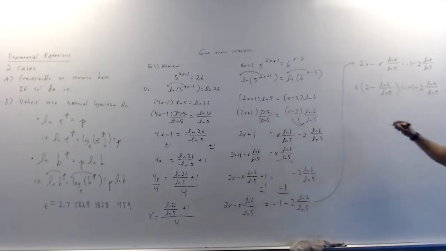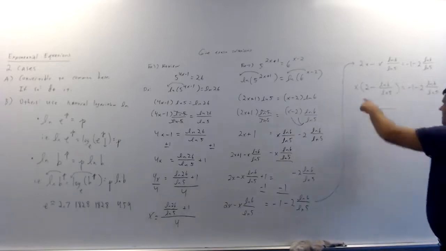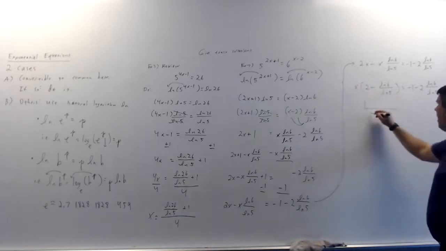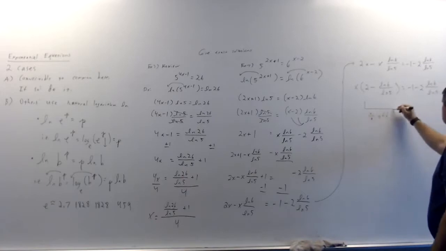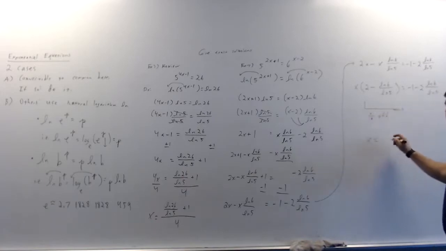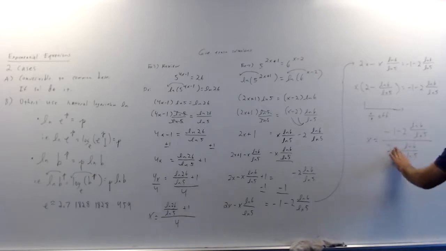And then all I need to do now is, this is x times this binomial, I'll just divide it off. So x equals negative 1 minus 2 natural log of 6 over the natural log of 5, over 2 minus the natural log of 6 over the natural log of 5. And as far as I'm concerned, that's good enough.